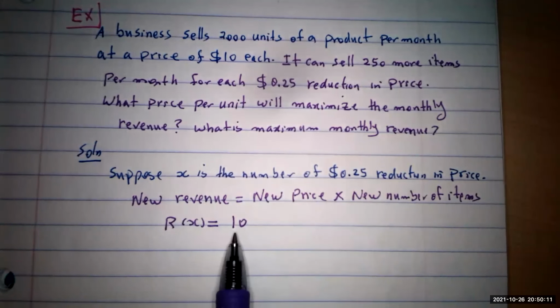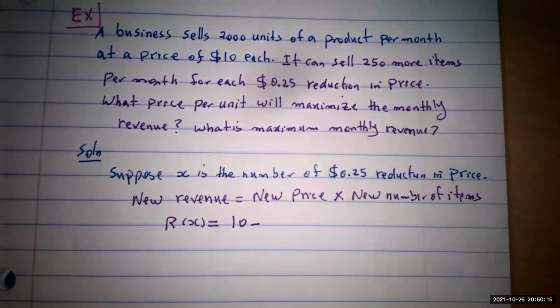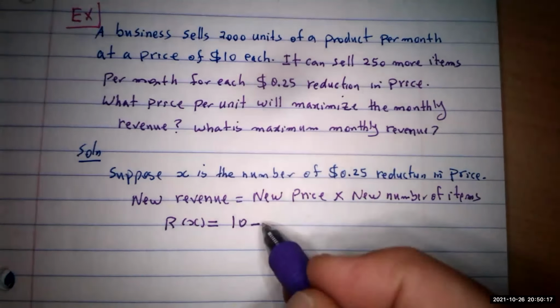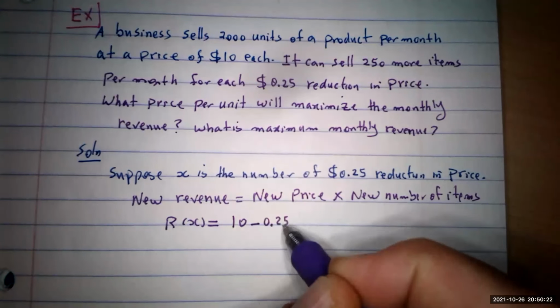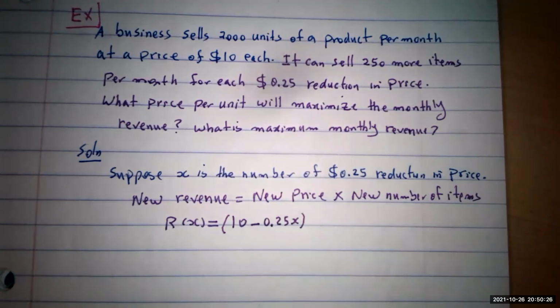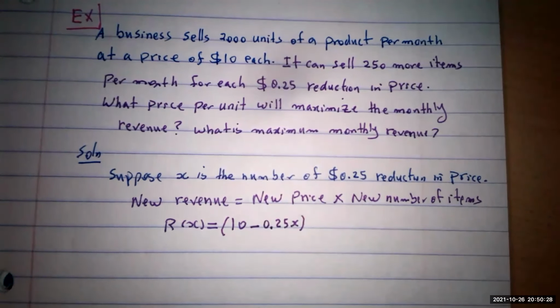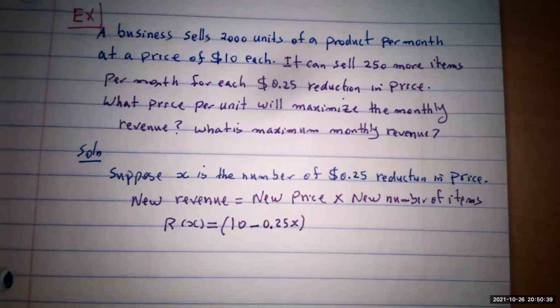So your new price is going to be $10 minus the reduction. The reduction each time is going to be 0.25, and you do it x number of times. So this is going to be the new price. If you increase the price, it's going to be the old one plus. But since you reduce it, it's going to be $10 minus 0.25x. Any question?